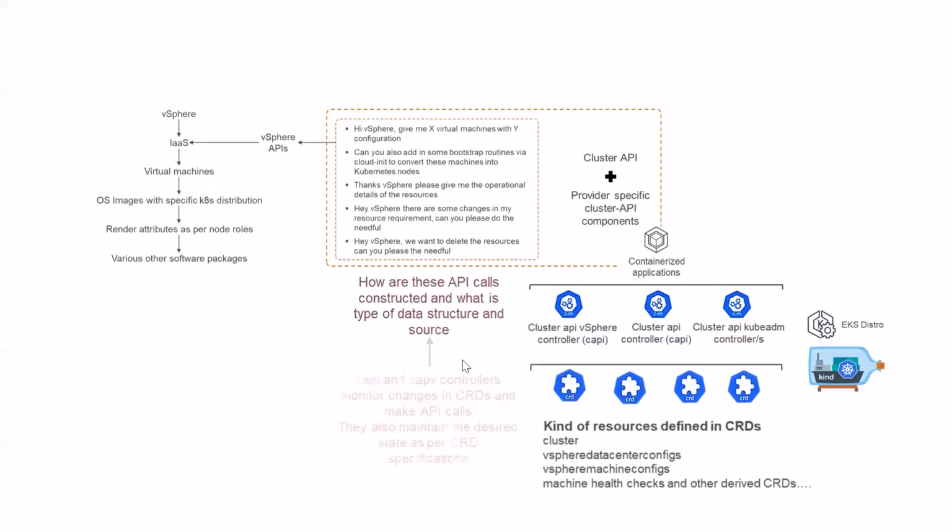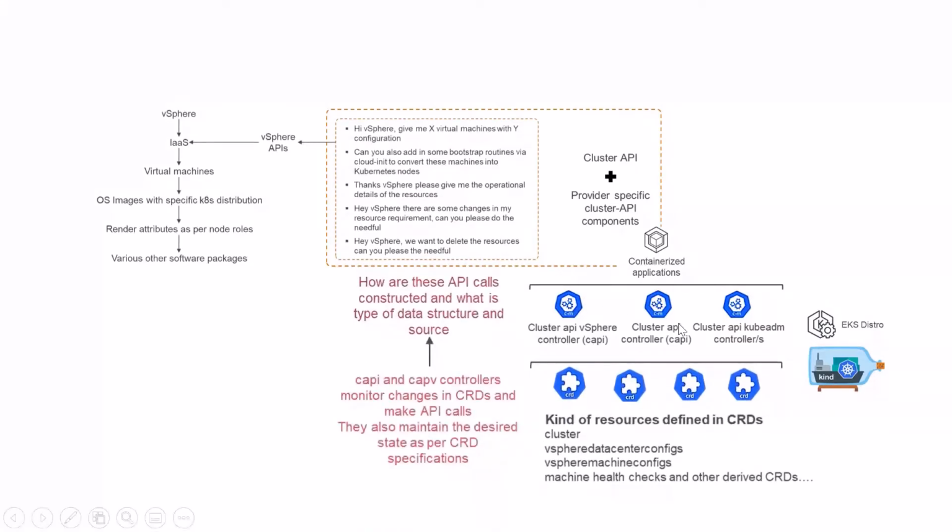So now, since we have this, these particular controllers, CAPP and CAPV, monitor the changes in these CRDs. So when you create a cluster, it triggers a change in the CRD, right? And they take that particular CRD and map it to the resource requirement in terms of API calls.